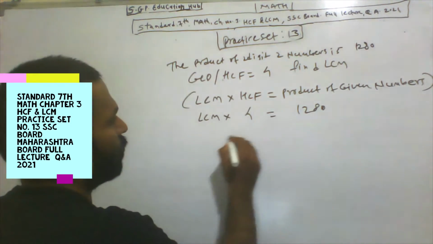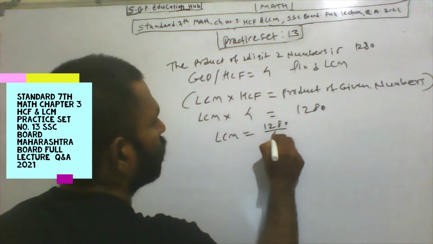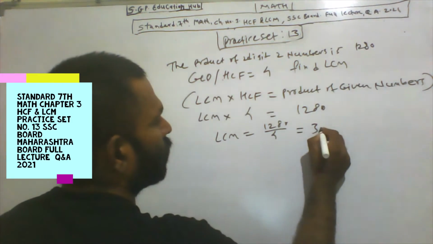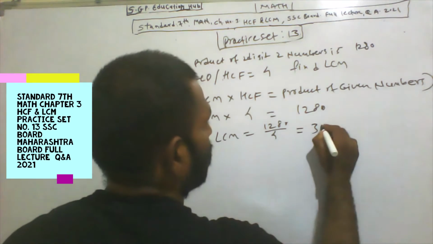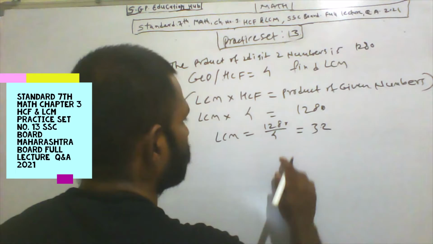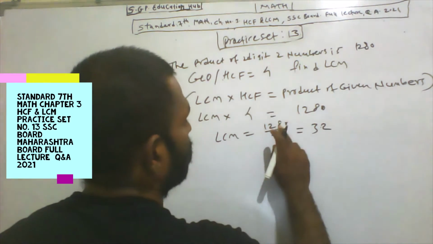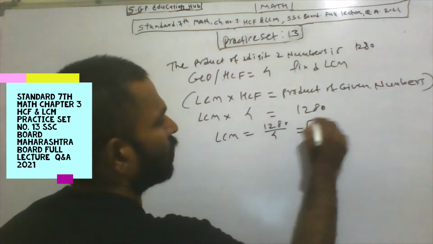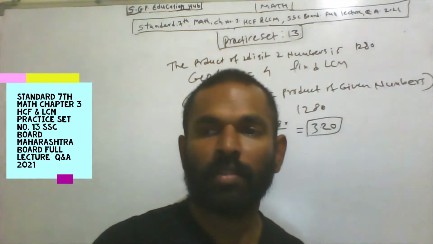Then LCM is equal to 1280 upon 4, which is 320. The answer is 320. Okay, now we are going to solve the practice set.